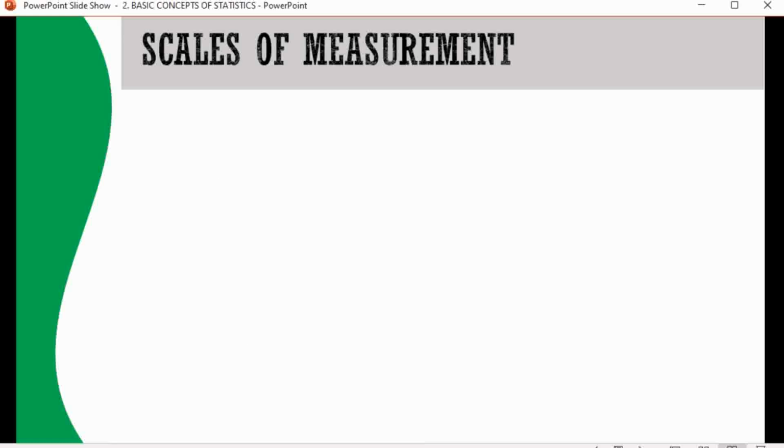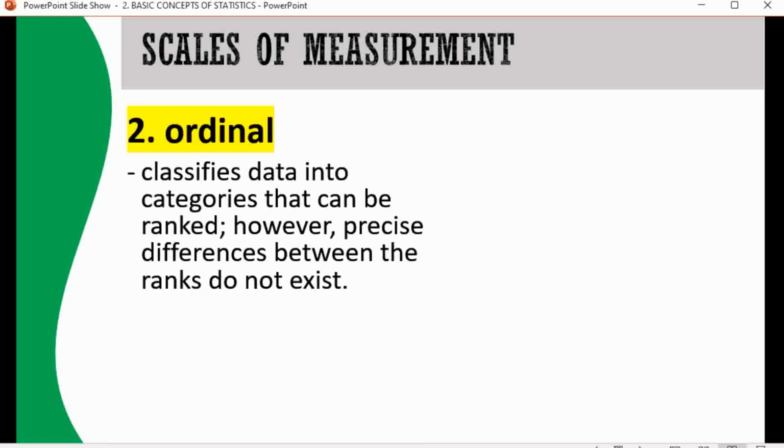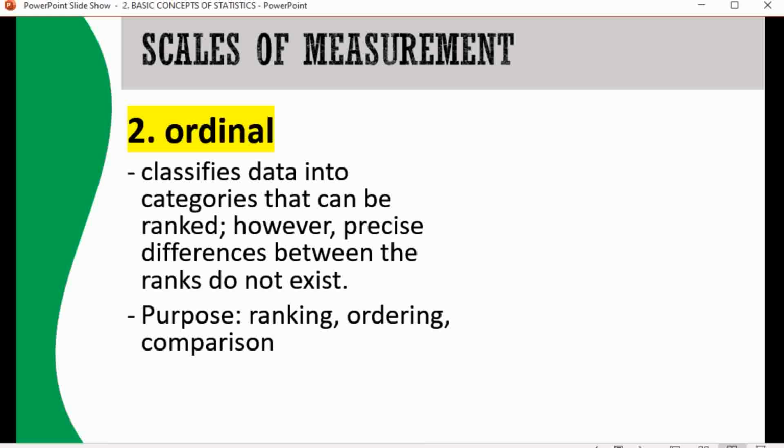The next type of measurement is the ordinal level, where we classify or categorize data via ranking. What do we mean by ranks? Differences between ranks do not exist.